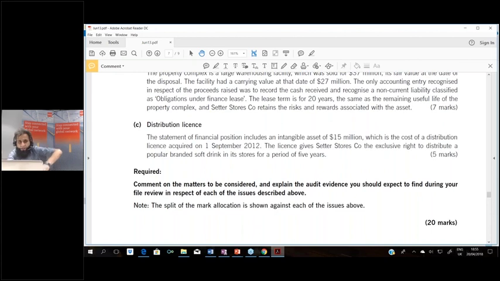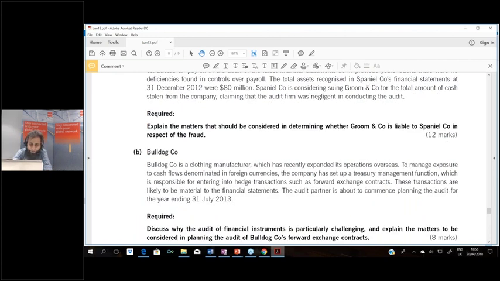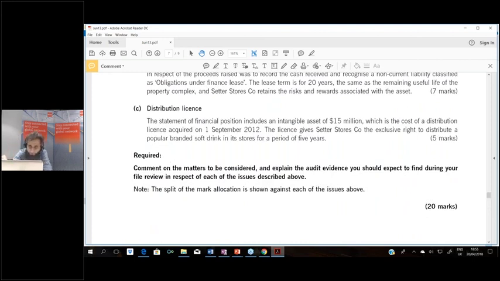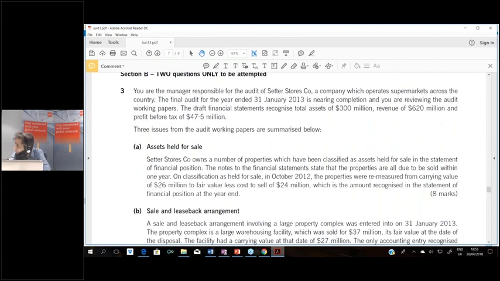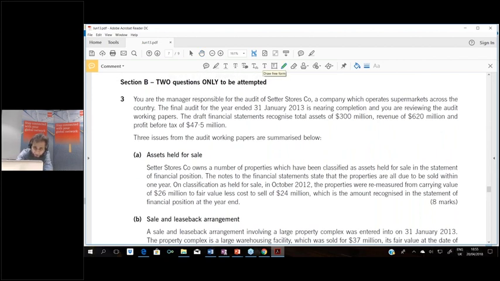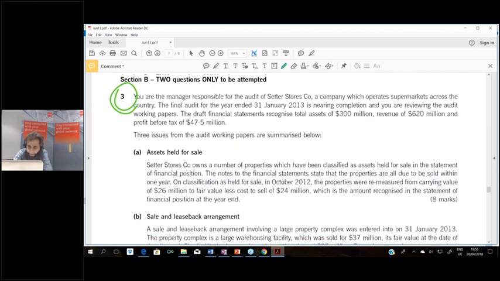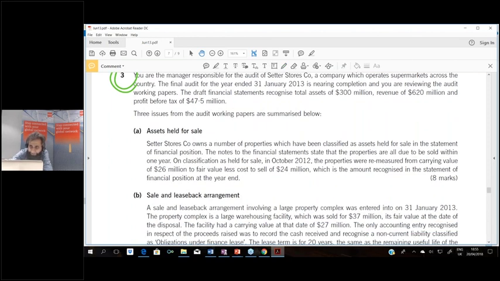Okay, look at this question in front of you. This is the June 2013 question number 3. Just want to tell you how specific you can be in an exam paper. I'm looking at the last para of this, which is about the distribution license.